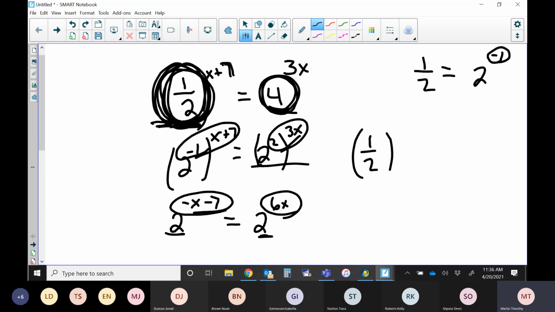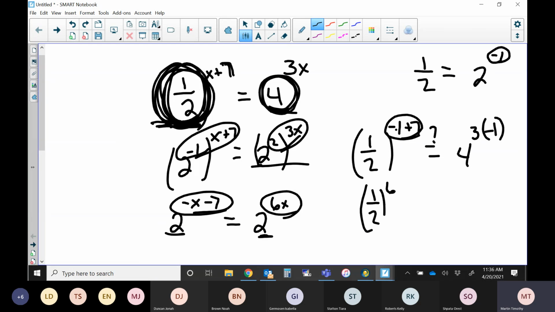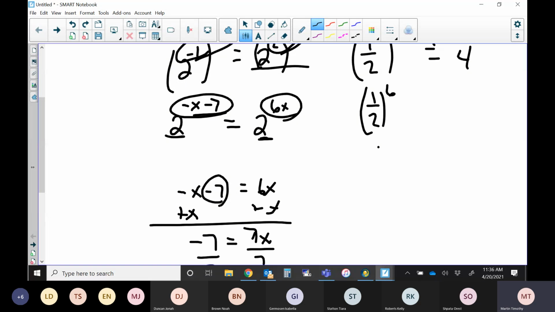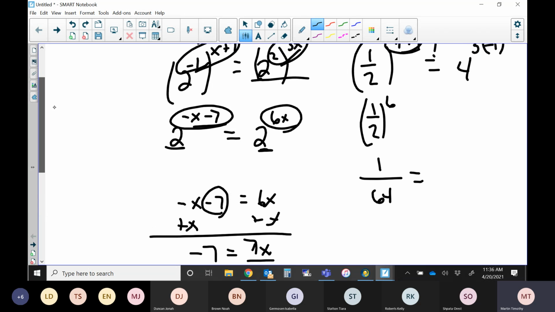1/2 to the negative 1 plus 7, does that equal 4 to the 3 times negative 1? This turns into a 6, so this is 1/2 to the 6th power. 1/2 to the 6th power is really 1 times itself 6 times is 1, over 2 times itself 6 times is 64, and that equals, what happens here?